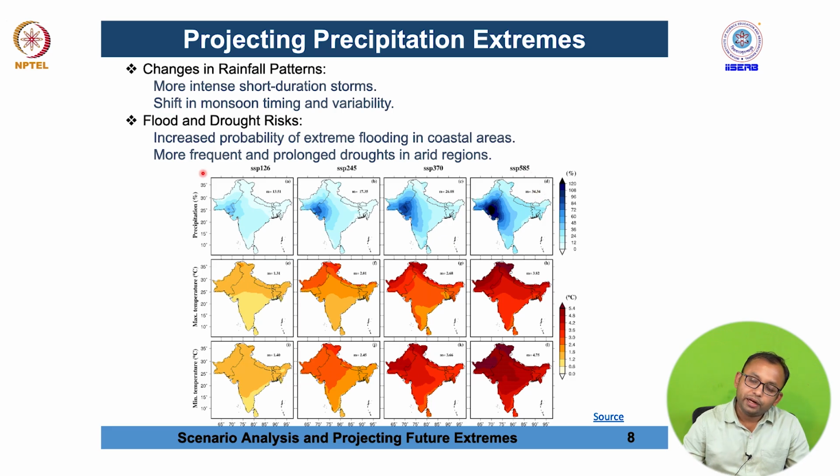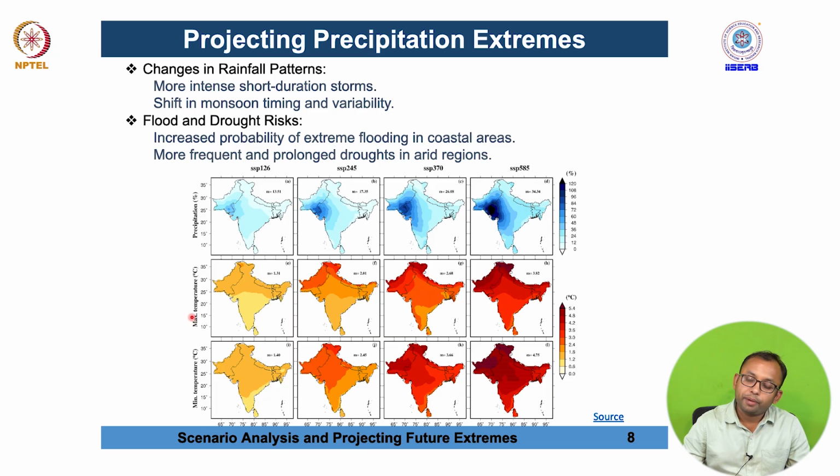Basically, we are looking at how the precipitation is going to evolve in future conditions. The precipitation in the lower emission scenario is not going to increase that much, but in higher emission scenarios the precipitation will rise by more than 100% or more than 50% in several parts of western India.